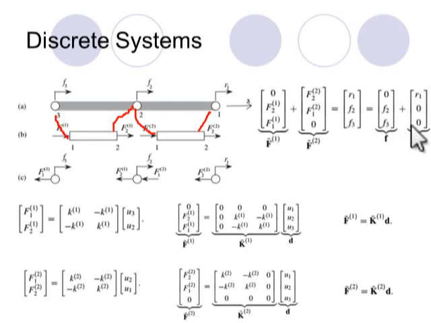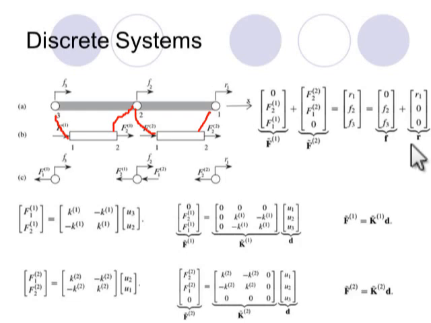The ones with the known values are denoted with small f in bold, and the ones with the unknown values are denoted by small r here.